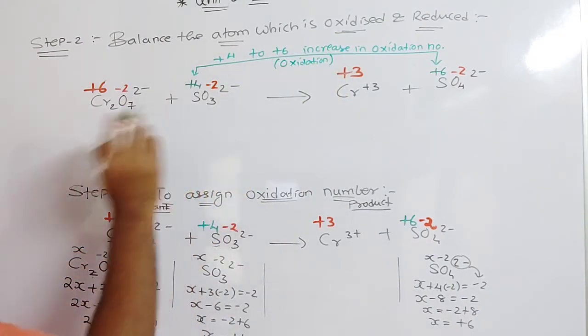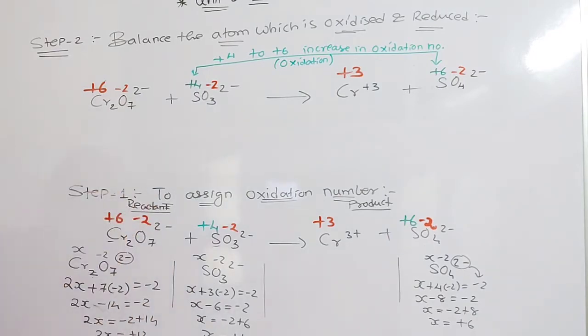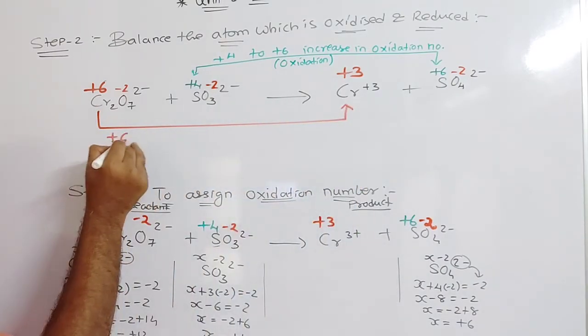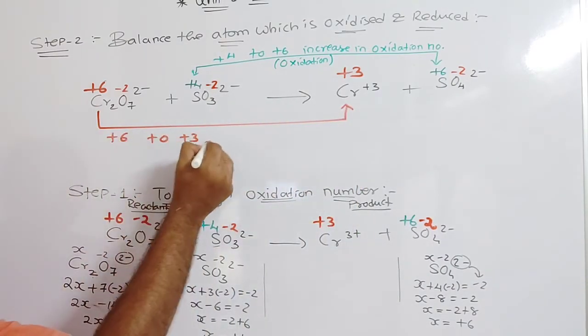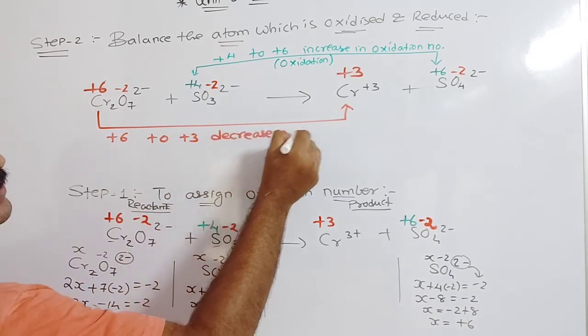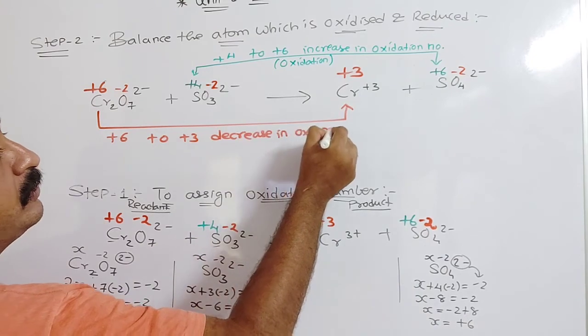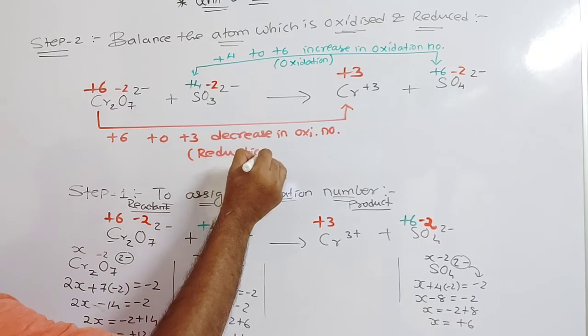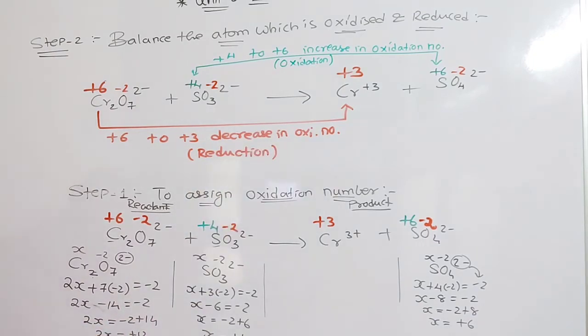What is oxidized? Sulfur is oxidized. Then in the case of chromium, it is from +6 to +3, which means a decrease in oxidation number. Therefore it is reduction. Right? So we have found out what is oxidized and reduced.